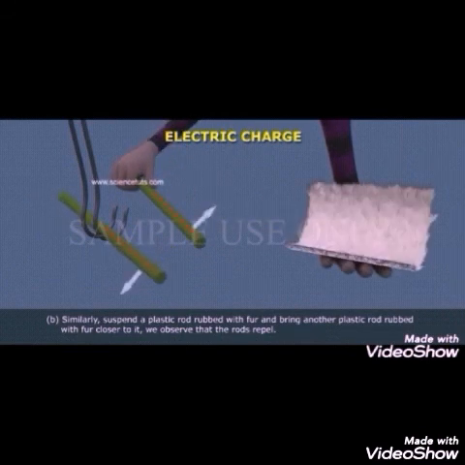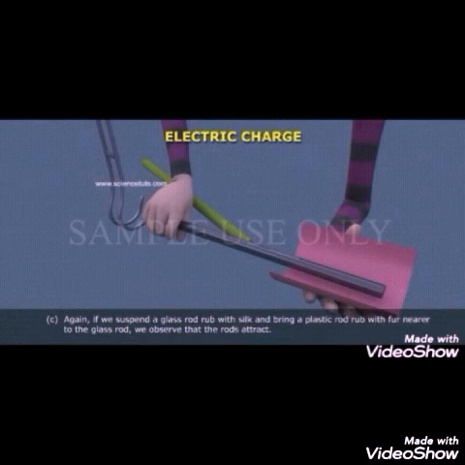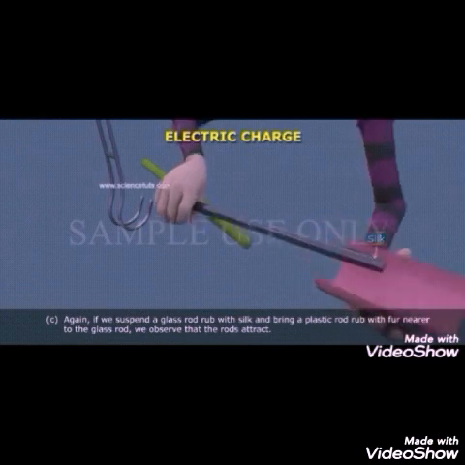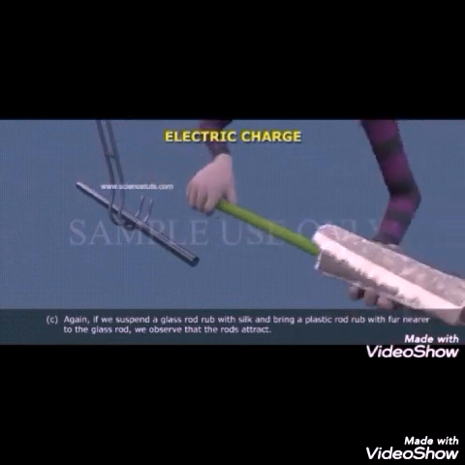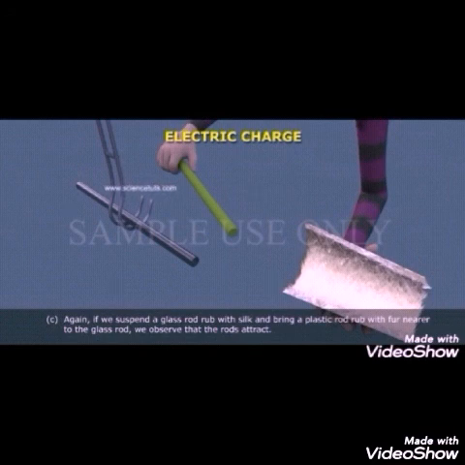We observe that the rods repel. C. Again, if we suspend a glass rod rubbed with silk and bring a plastic rod rubbed with fur nearer to the glass rod, we observe that the rods attract.